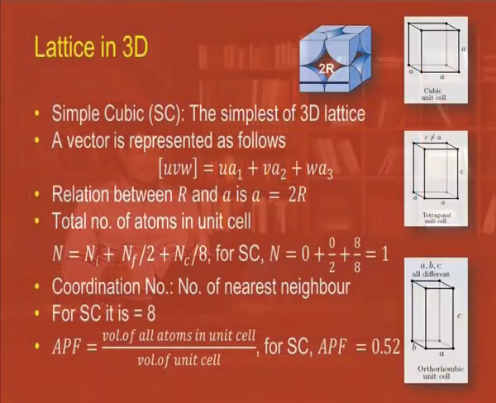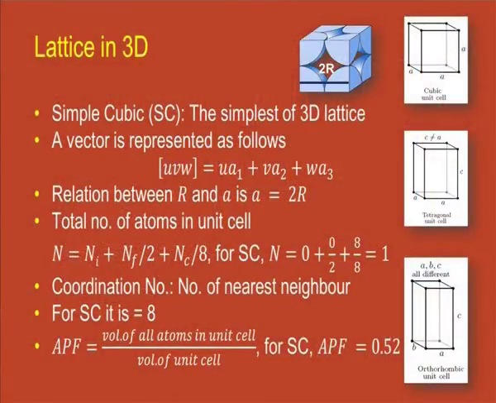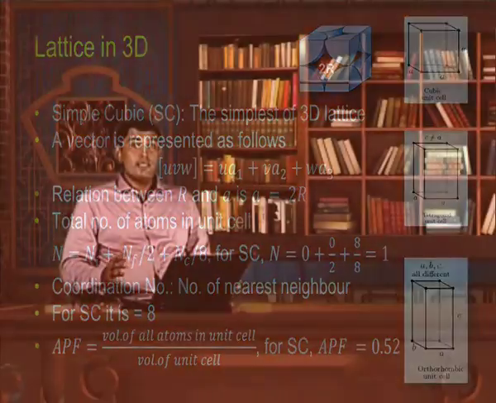Now, so far we were talking about 2-dimensional lattice structure. Now, if we extend it to 3 dimensions, then the simplest structure coming to our mind is the simple cubic structure, which is a cubical structure having 8 lattice points at the 8 corners, and all the side lengths of the cube are of the same length.